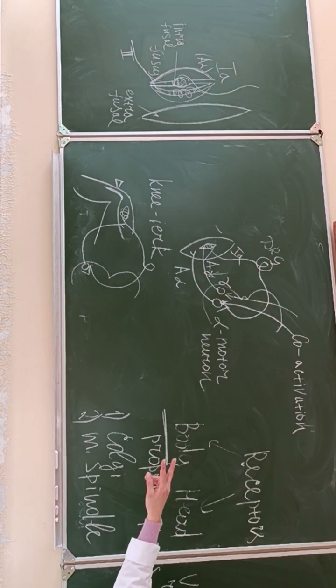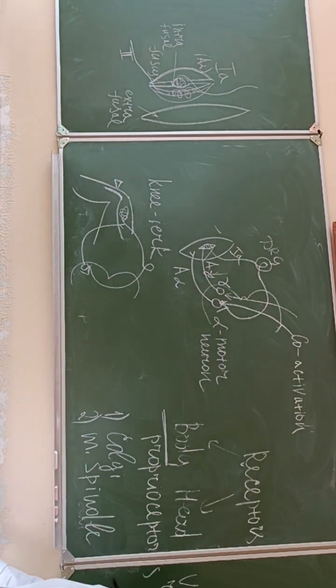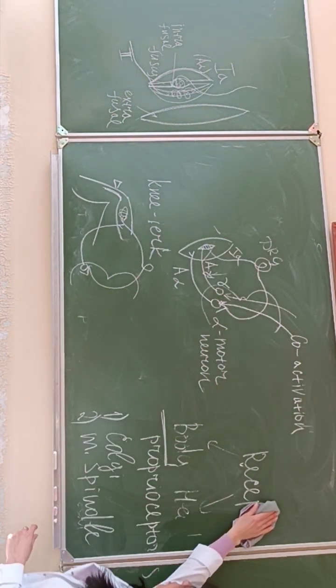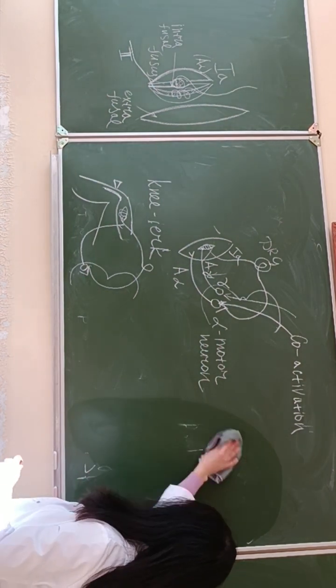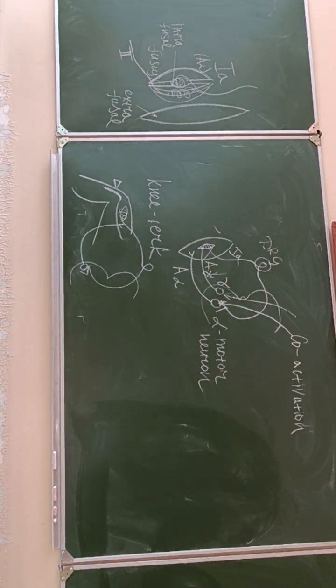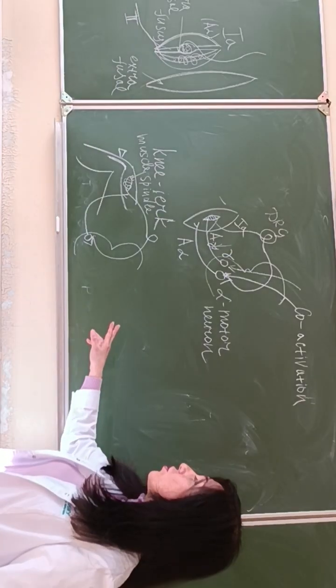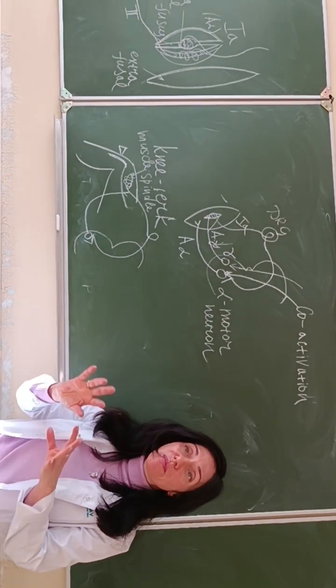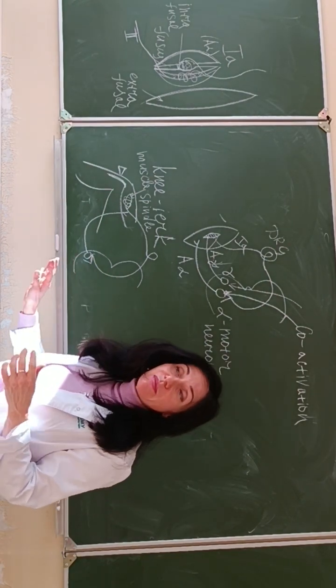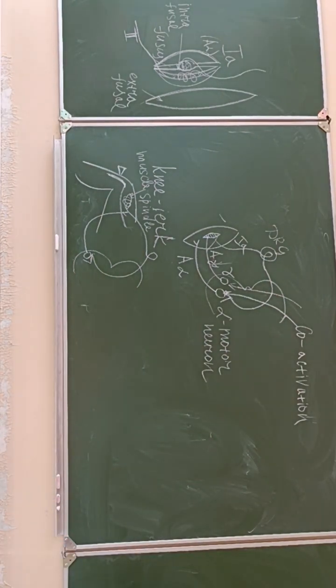Draw these two schemes, and I will check, verify. Draw only the simple scheme without reciprocal inhibition. Simplified scheme, the base, without reciprocal inhibition. Reciprocal inhibition I explained to you in the lecture.